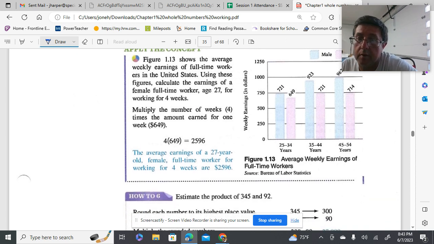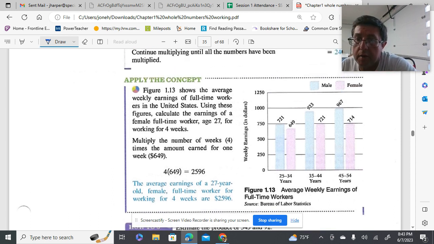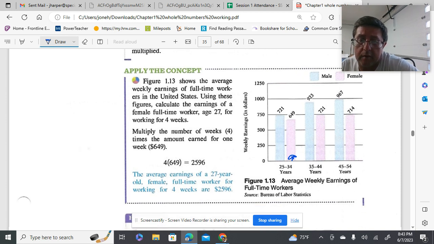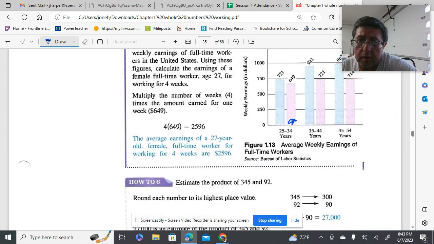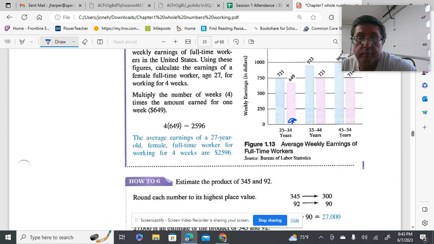So if this is 25 to 34-year-olds, I didn't quite get that. So the pink is females. So the females make $649 a week. It's not a whole lot anymore, but then we take 649 times 4. Now they're doing the times 4.